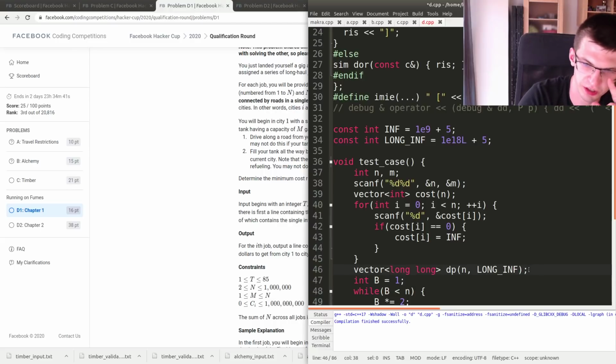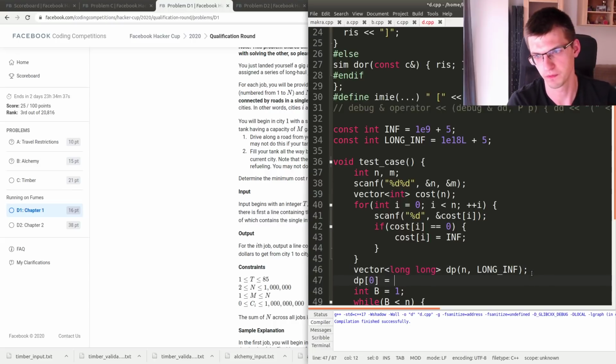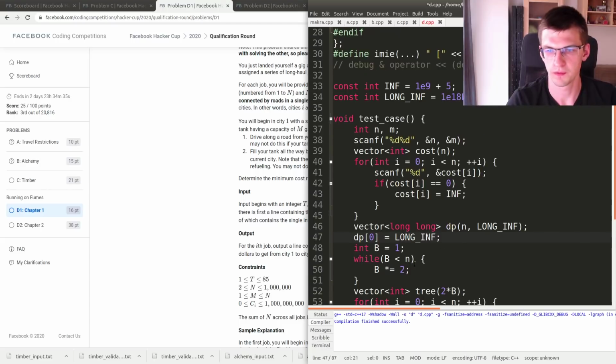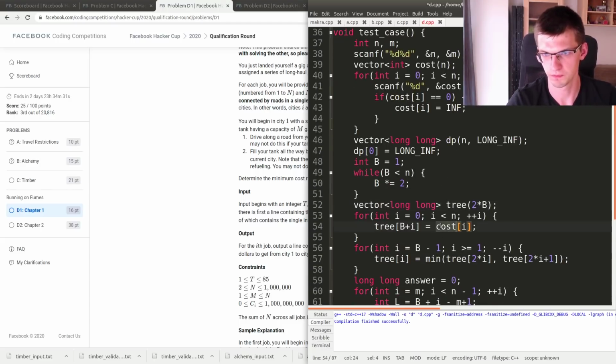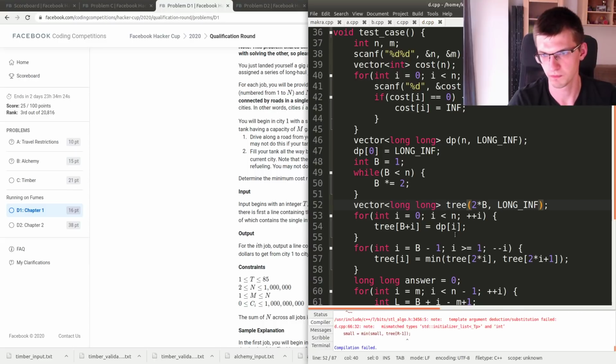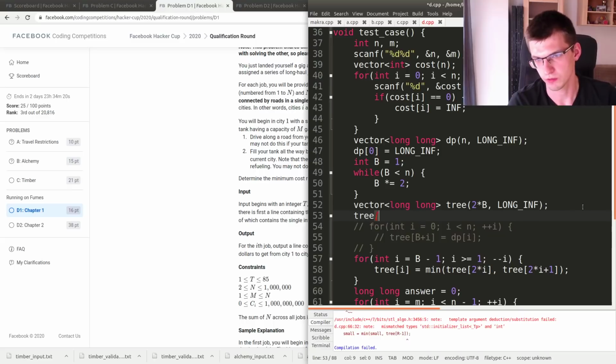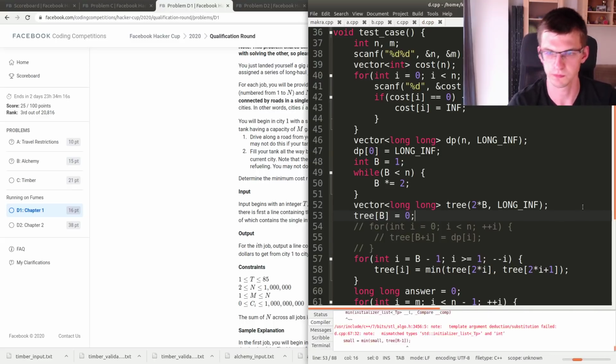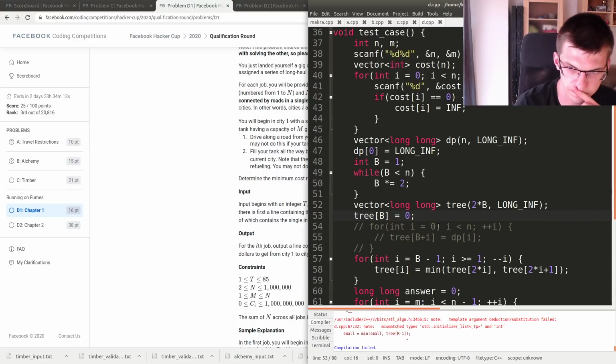But this will be a tree over DP. Tree of b is 0. The cost to get there, this is just dp of 0.